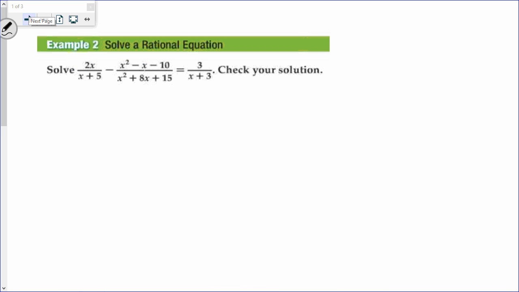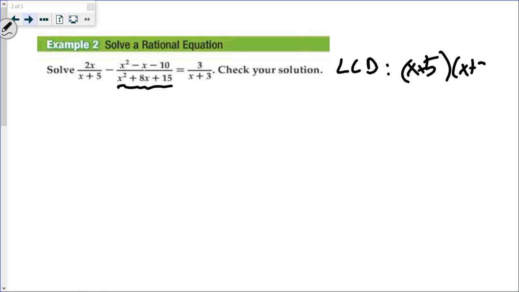Okay, and then let's see an example here. Okay, whoa, hey, we've got a quadratic here. So maybe this is where something strange might happen. So finding the least common denominator, really factoring this middle quadratic here is going to give you x plus 5 and x plus 3. So the least common denominator is actually what we've got there, x plus 5, x plus 3.